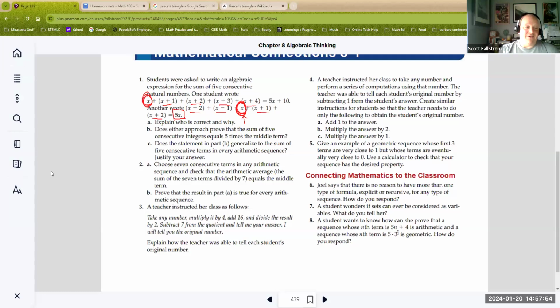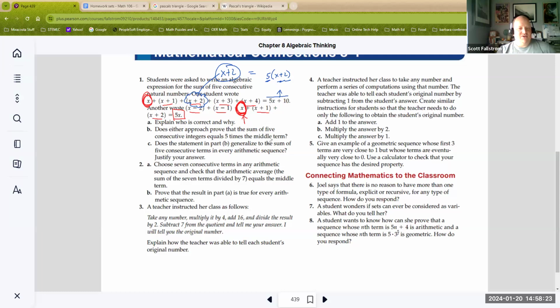But to be perfectly honest, in the first one, x plus 2 is my middle term, the end result is 5x plus 10, and I could use that beautiful factoring property. And notice, here's my middle term, and this turned out to be 5 times the middle term. So once again, it seems like it shows that, even though it doesn't show it as explicitly.